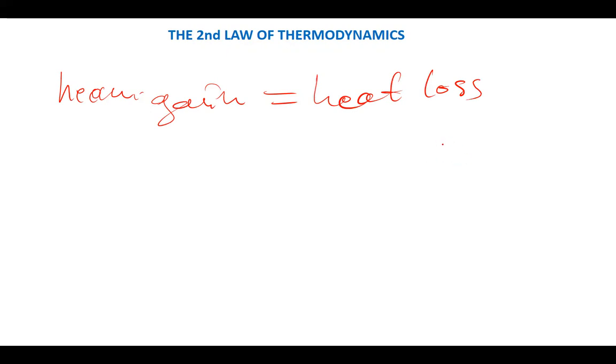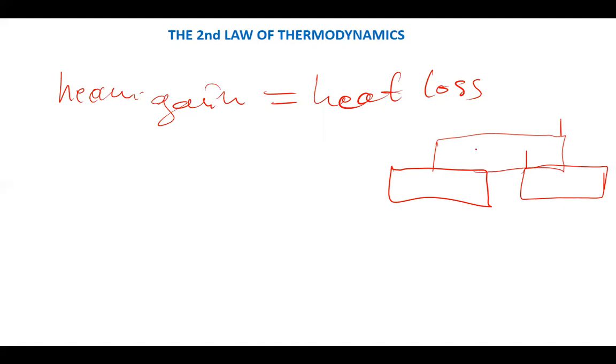Then the 0th law of thermodynamics, we remember very well, we talked about two objects, A and B, being in thermal contact with a third object, which is object C. In short, if A and C are at equilibrium, it means that A and B are also at equilibrium according to the 0th law of thermodynamics.